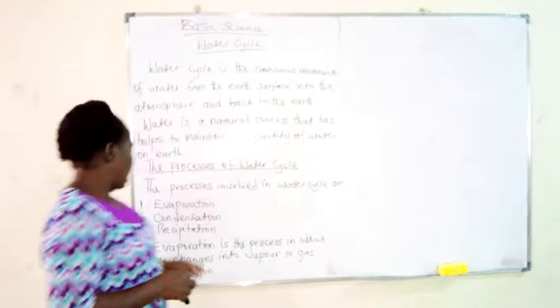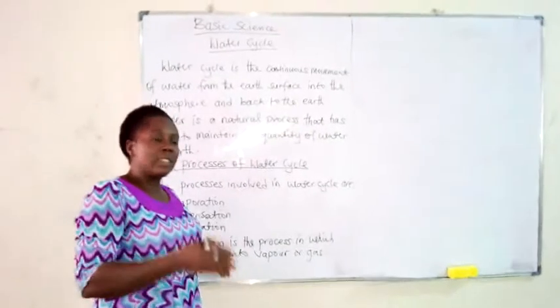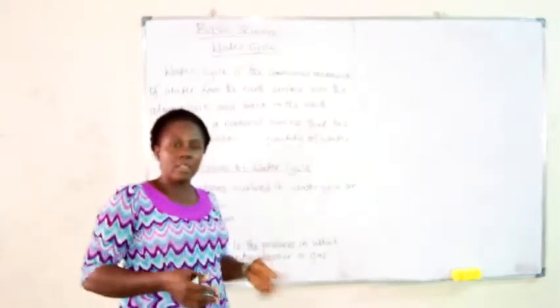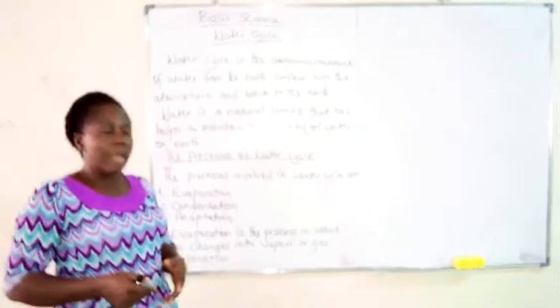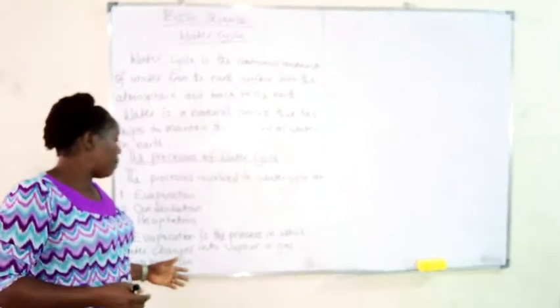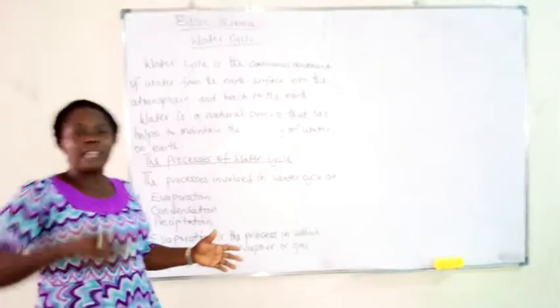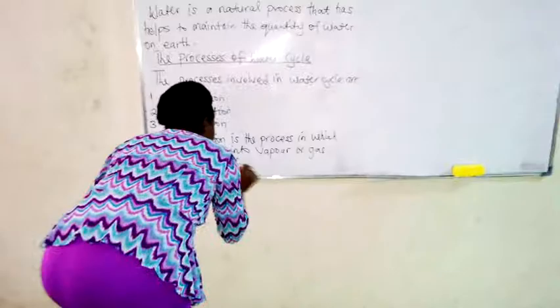It is this energy from the sun that heats up water in the streams, rivers, lakes, oceans, ponds. Now when the sun heats the water, it changes to vapor and the vapor rises into the air.